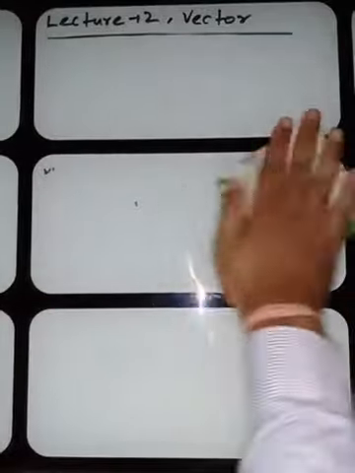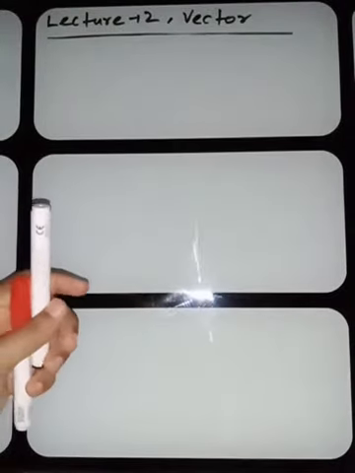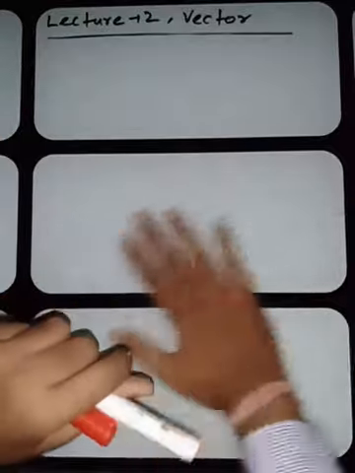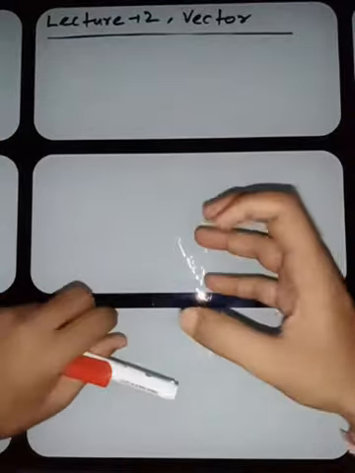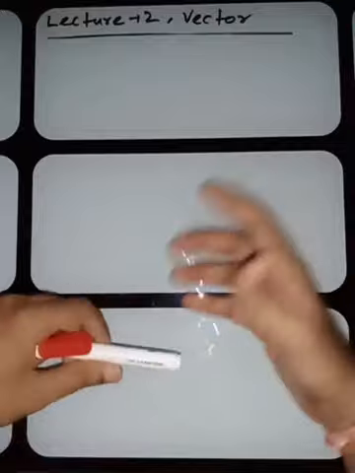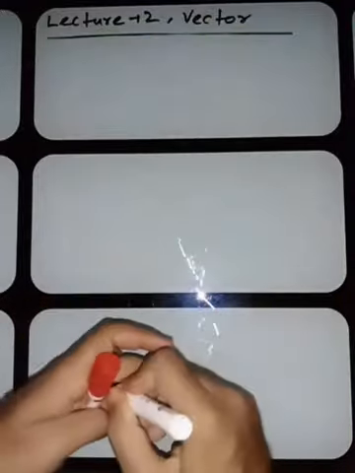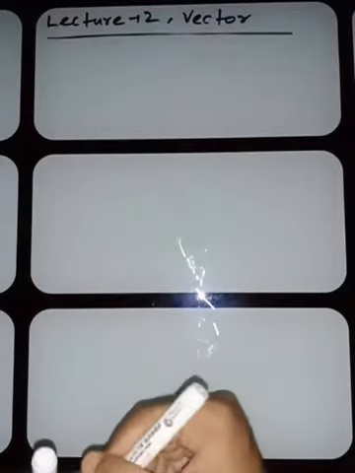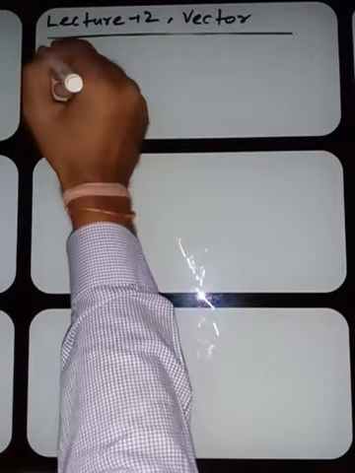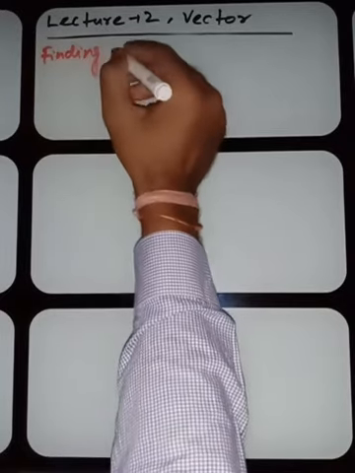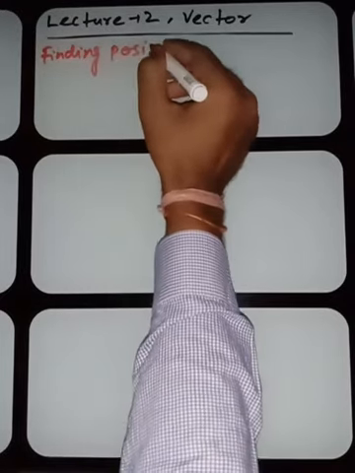Now we'll move to the next topic. Our next topic is also a very interesting topic, my dear students, and it is finding the position vector using triangle law. So give the heading: finding position vector using triangle law.